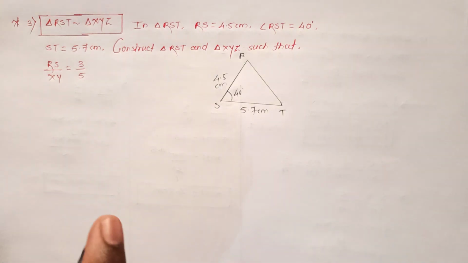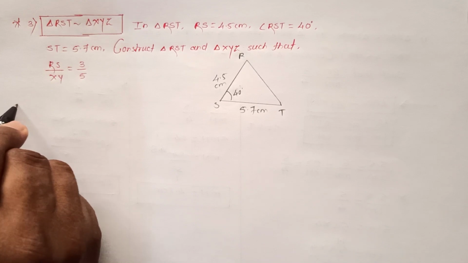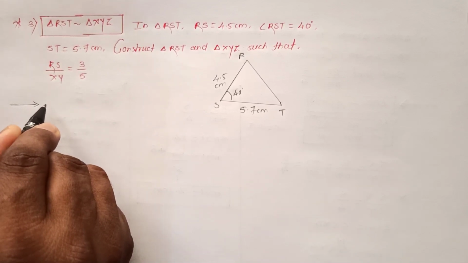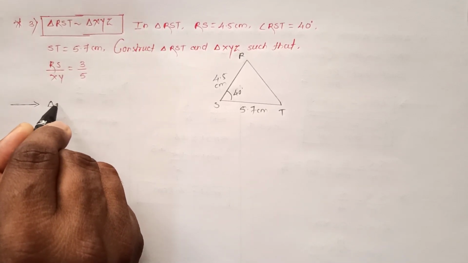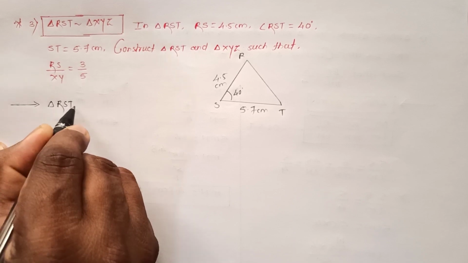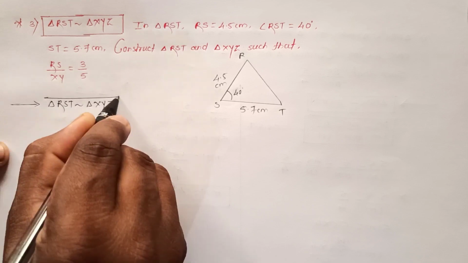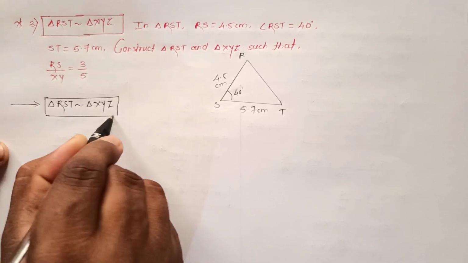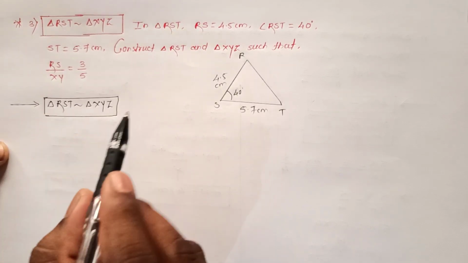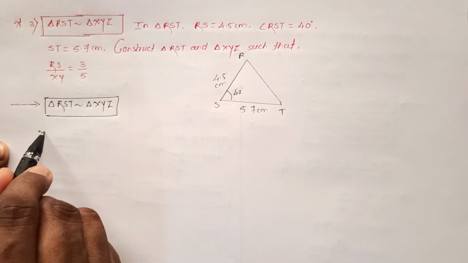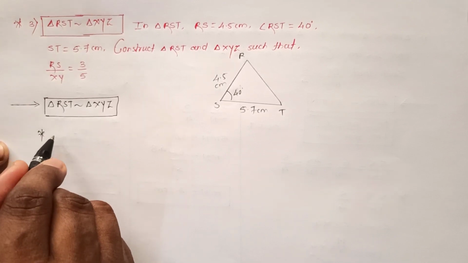Which two triangles are given? Triangle RST is similar to triangle XYZ. And we know that if two triangles are similar then corresponding sides are in proportion. So let's write down that corresponding sides are in proportion.